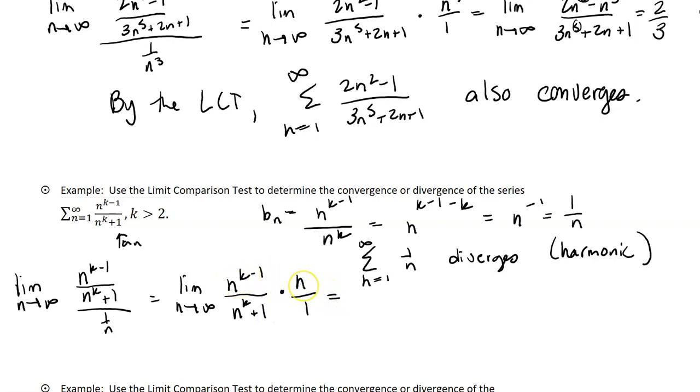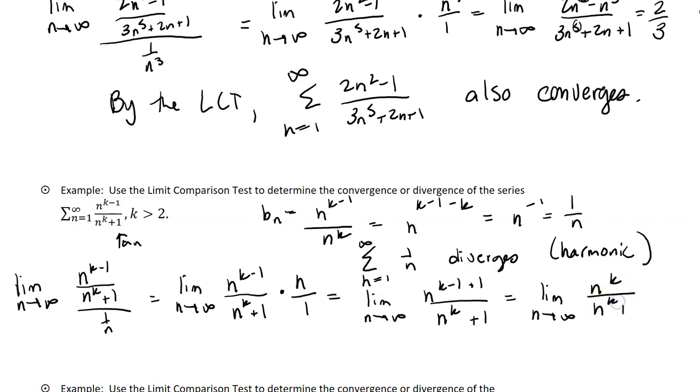So n to the k minus 1 plus 1 is what we'll have on the top. And then the bottom will just have n to the k plus 1. So I will have n to the k power over n to the k power plus 1.